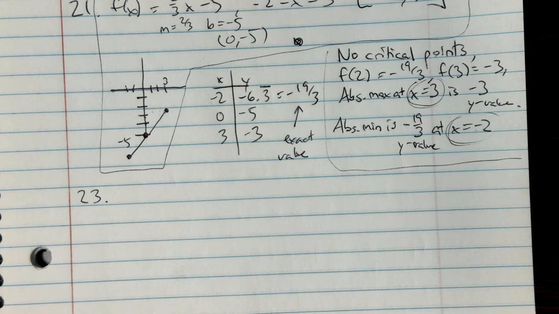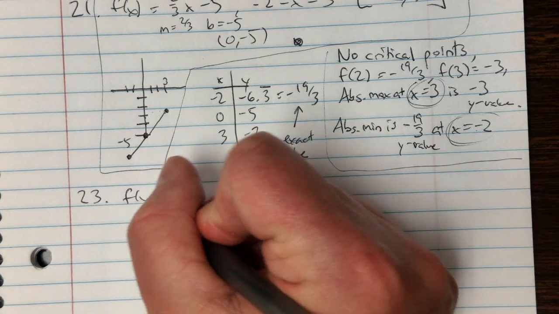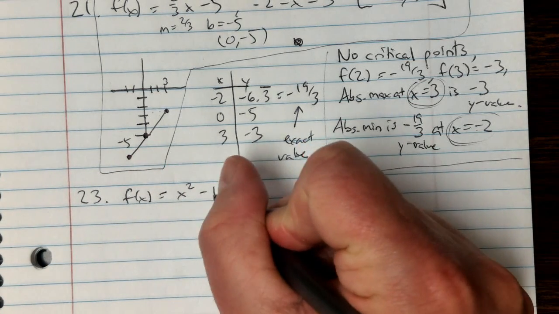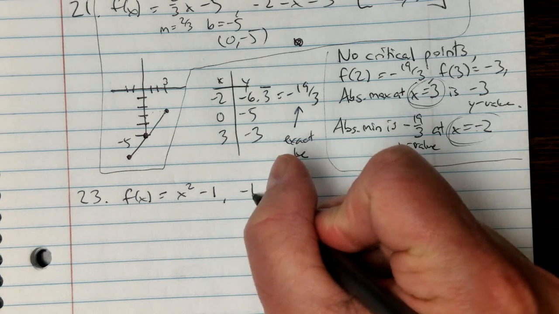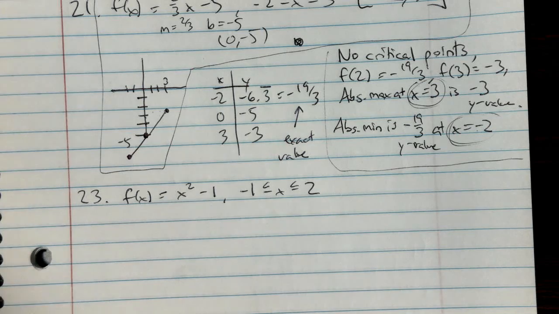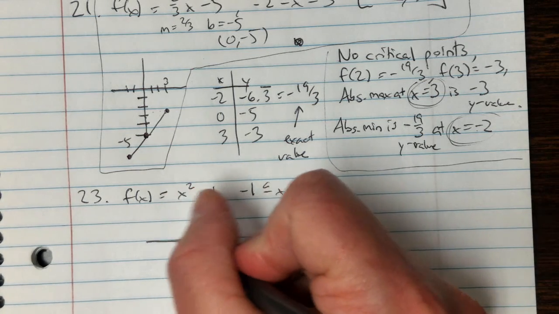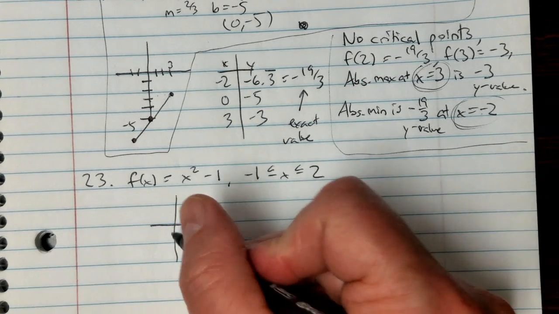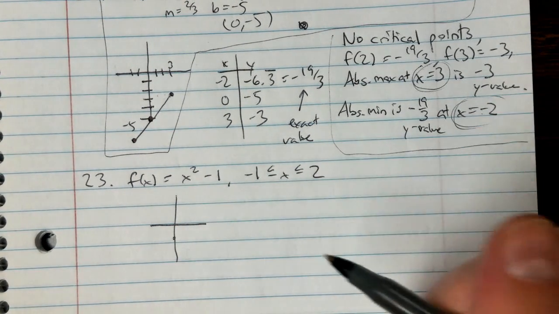That's why you have to change it to the exact value. Okay, 23. This one we have f of x equal x squared minus 1, negative 1 less than or equal to x less than or equal to 2. So on this one, we know in general that it'd be a parabola that starts at negative 1.